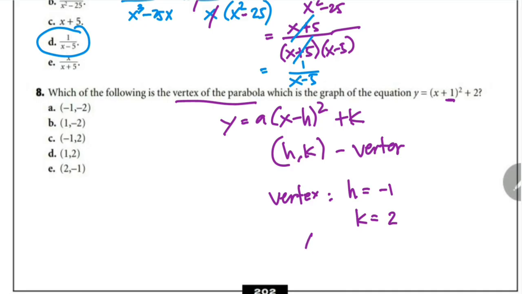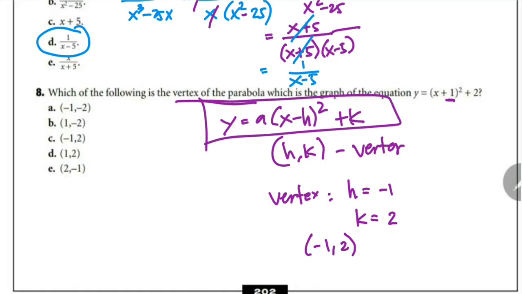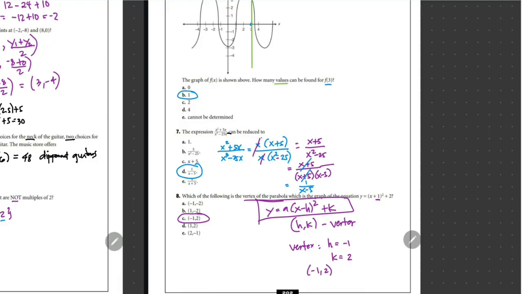Therefore, the vertex is negative 1, 2. So you just take note of this. This is the vertex form. So it's negative 1, 2, letter C. Okay, no questions.